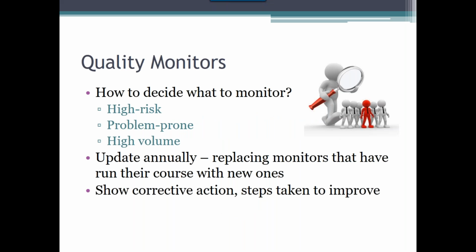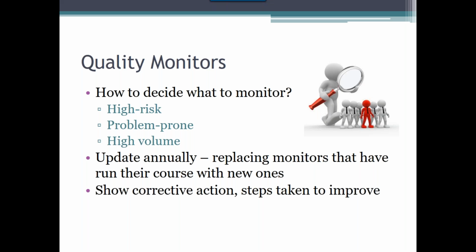An effective quality improvement program consists of the implementation of quality monitors that focus on high-volume, problem-prone, high-risk situations or issues. The department's quality monitors should be very dynamic in the sense that as thresholds are met consistently, either the threshold should be raised or the monitor should be retired and replaced with another monitor that challenges the department in an area that could use improvement.